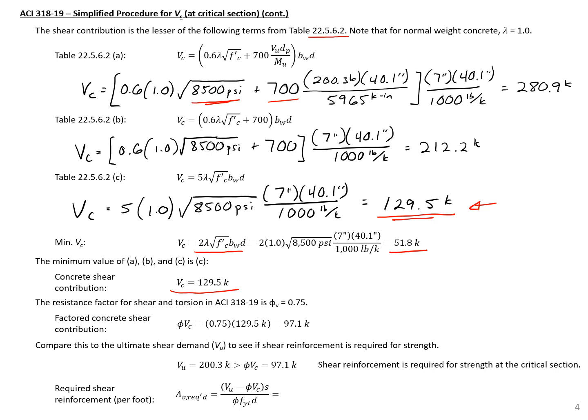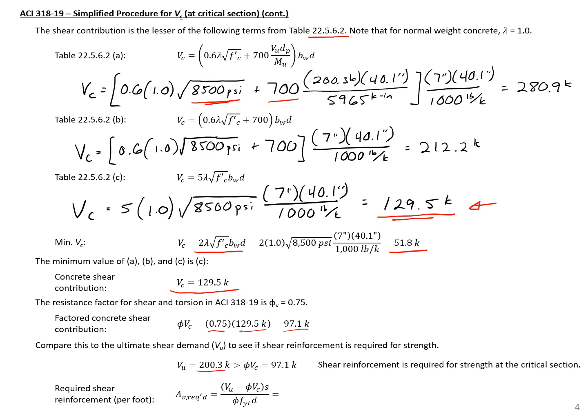All right, so next we can take our phi, which in ACI for shear is 0.75, times our Vc, 129.5, to give us our phi Vc of 97.1. We can compare this to our ultimate shear, and we'll see that we need shear reinforcement for strength at the critical section.